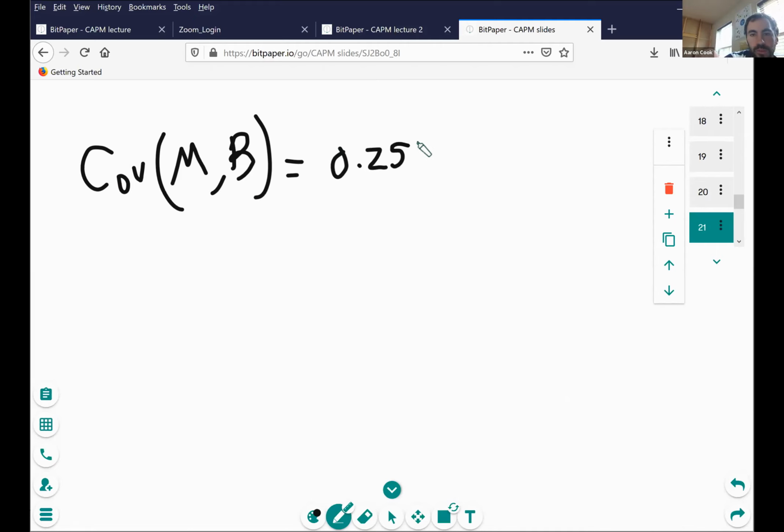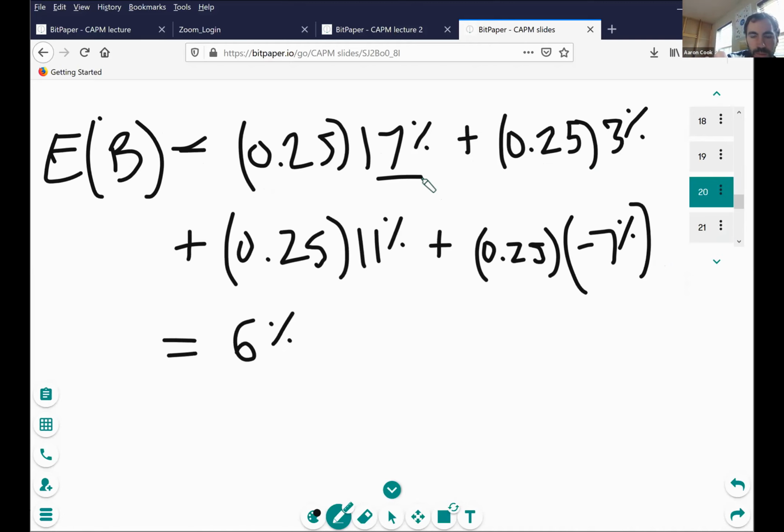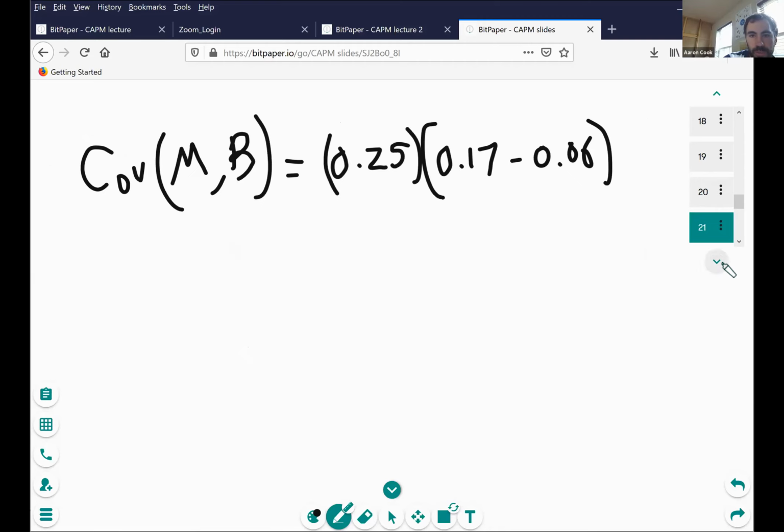So that's going to be 0.25 times 0.17 minus 0.06. That's the return in scenario 1 minus the mean return, which is where this 0.17 minus 0.06 comes from.